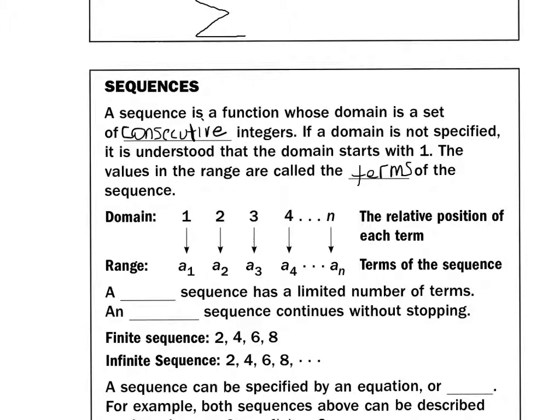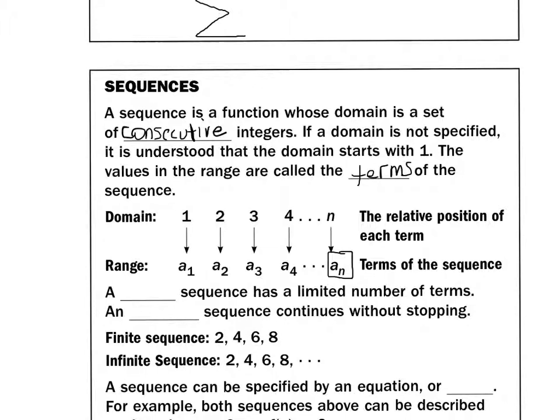The relative position of each term is the domain. Like the first number is A1. The A stands for what the value of the first term is. And then we usually say this 1 here is an n. So when we say A sub n, we mean what's the value for the nth term in this nth position.